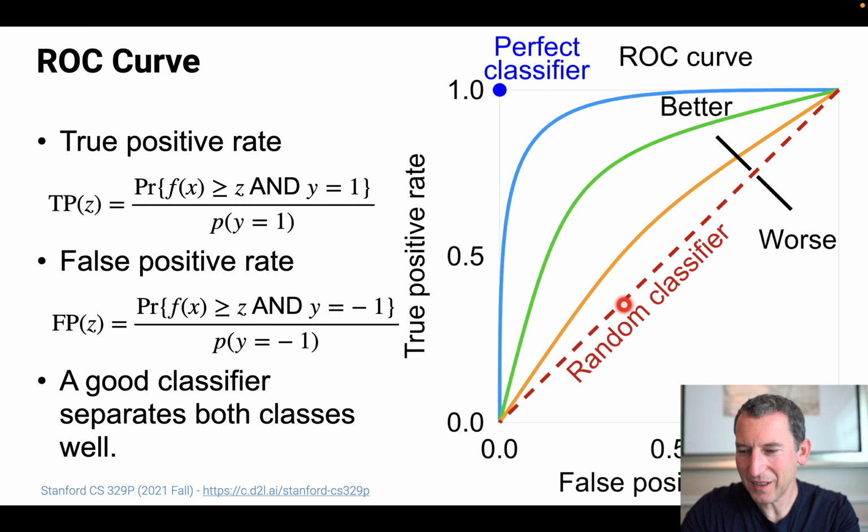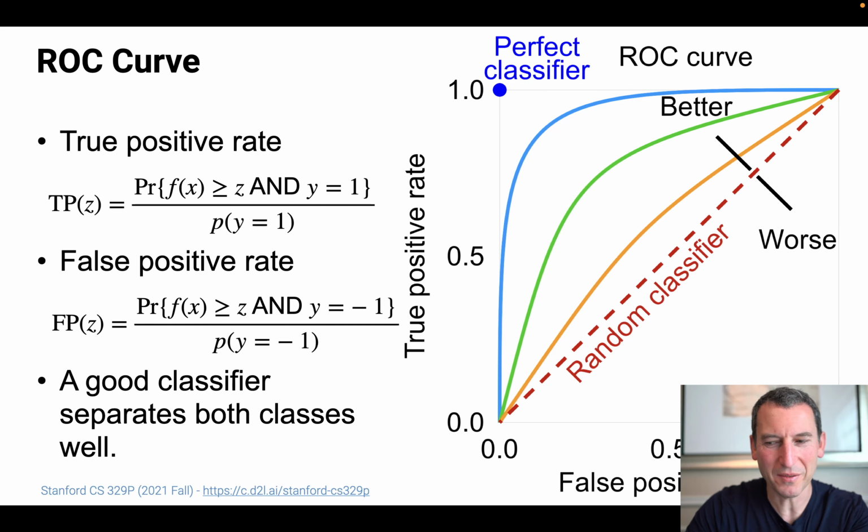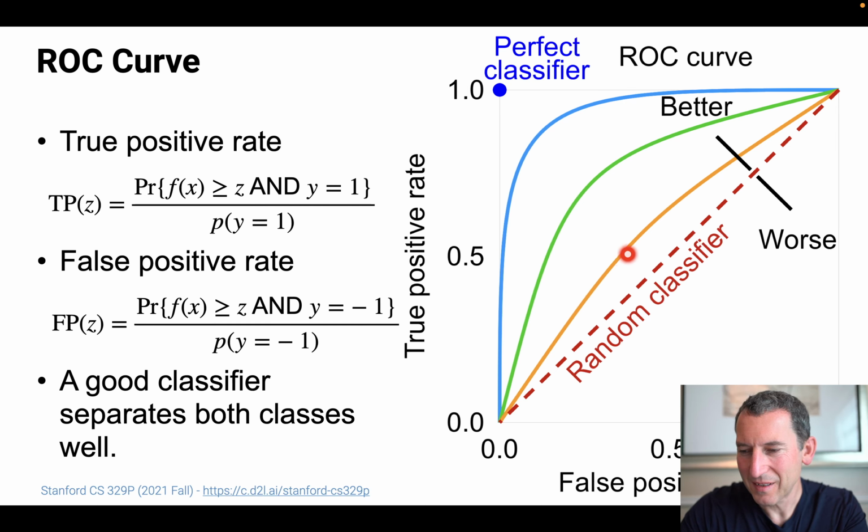If you just do things at random, a random classifier is going to give us just a straight line between false positives and true positives. We can make this better, and that's what the classifier does. The further we move in this direction, that's basically a better model.